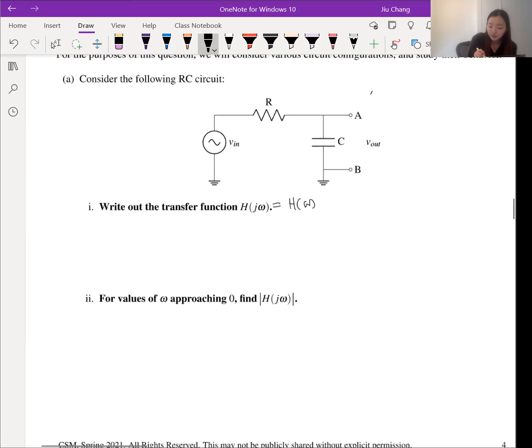Now, we see this RC circuit and we realize that it's actually a voltage divider.